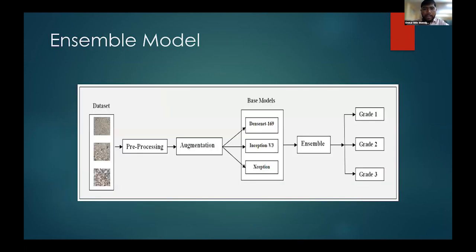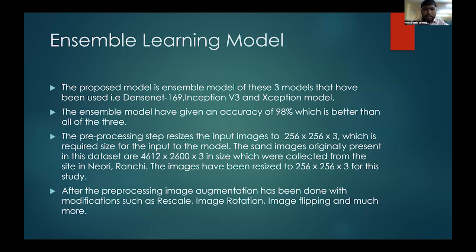Then we used all these three models to form an ensemble model, which gave us the best accuracy out of these three. The accuracy from the ensemble learning was 98%, which was way better than all of the three models comparatively. This slide shows the pre-processing and everything for the ensemble model.